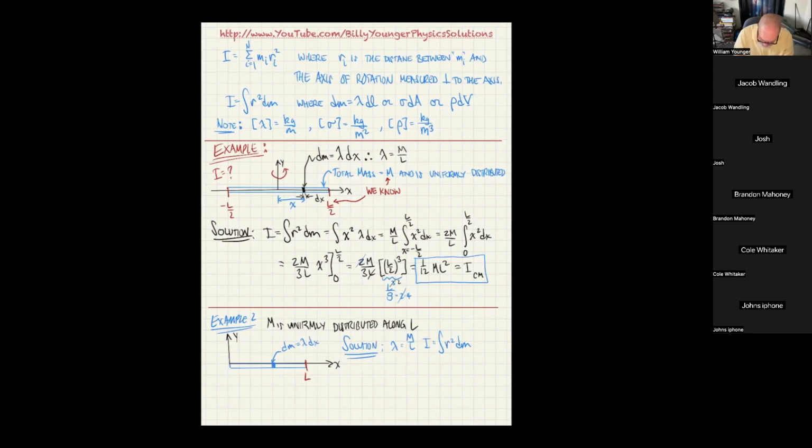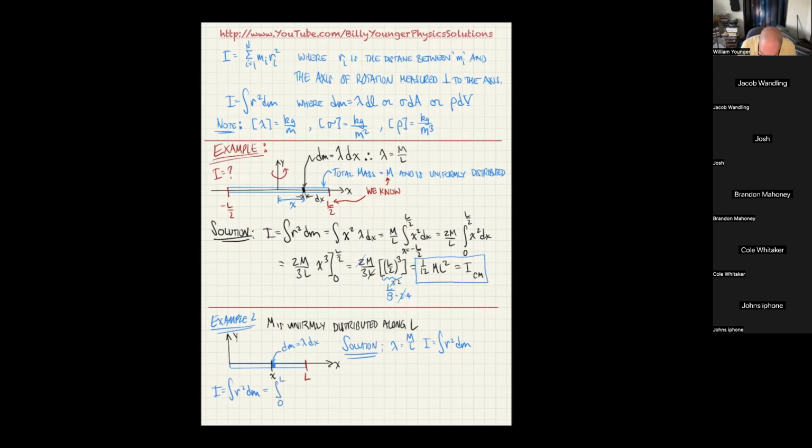And this is at distance x, which is the perpendicular distance from the axis of rotation.